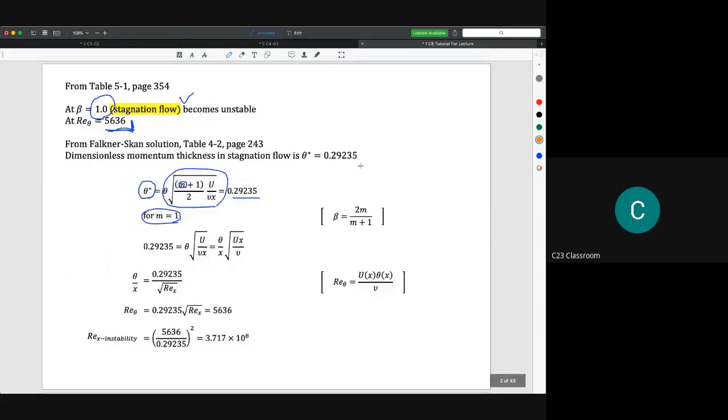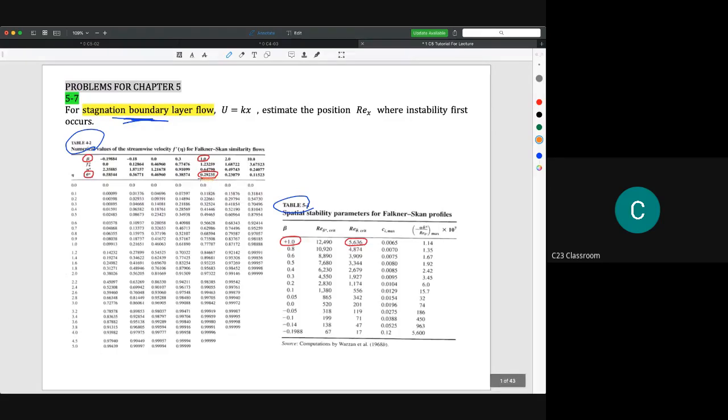So we substitute m, and the 2 here will disappear, and this is equal to 0.29. This number is taken from this value.